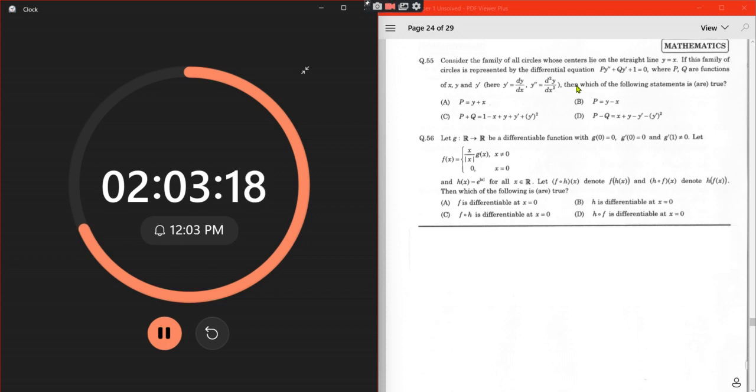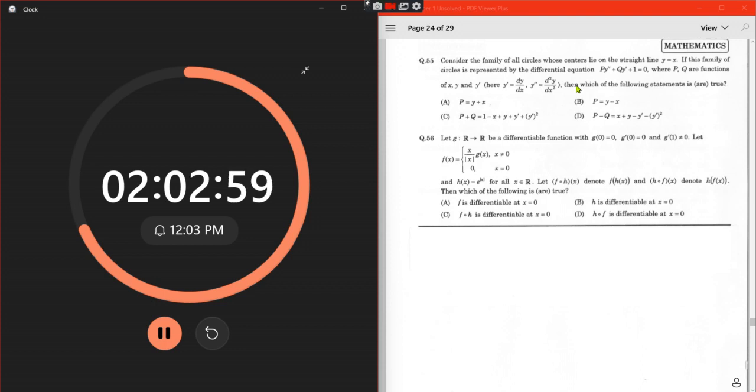Okay, इसमें से y dash कॉमन ले लेंगे. p and q are functions of x, y and y dash, right? So it's like y dash times y dash square plus y dash plus 1, I guess. Okay, so our p is just y minus x and q is y dash square plus y dash plus 1.